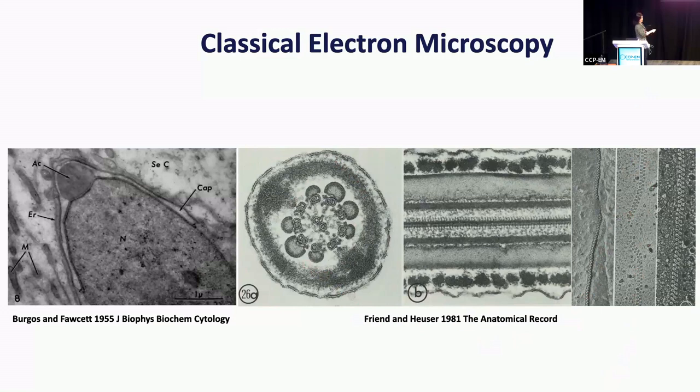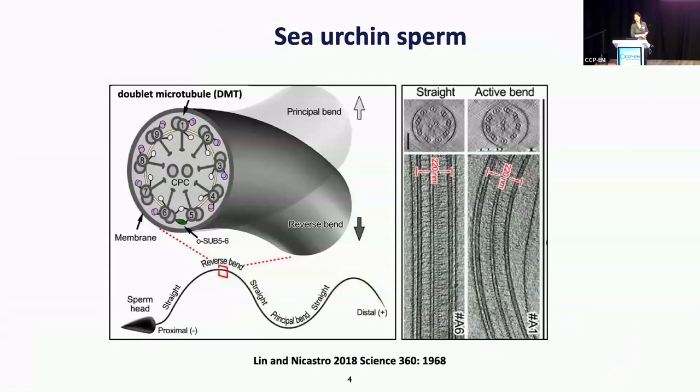But again, the limitation of EM is that we don't know what they are, so we had to work quite a bit to reveal these proteins. These are some classical EM, but of course there was also cryo-EM done on sperm.